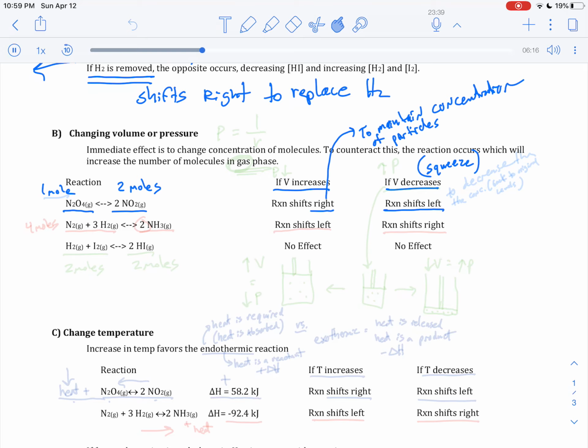Because we have 1 mole on the reactant side, it shifts to the left to decrease the concentration back to original levels.